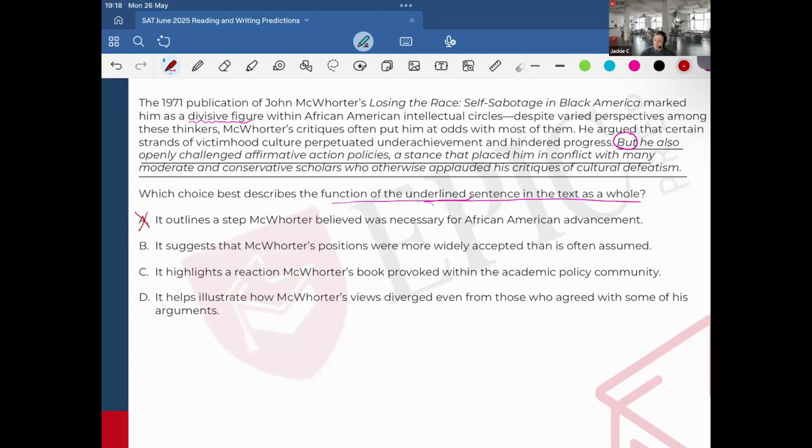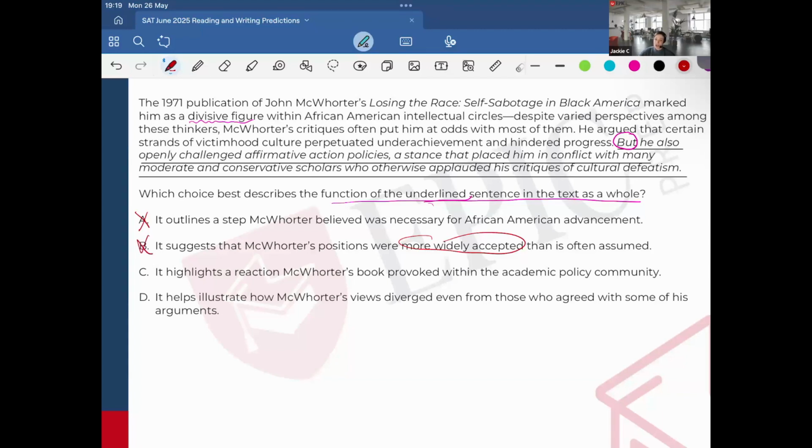B, it suggests that McWhorter's positions were more widely accepted than often assumed. That's the opposite, because even his allies disagreed with his stance on affirmative action. So it's showing how unpopular his view was.